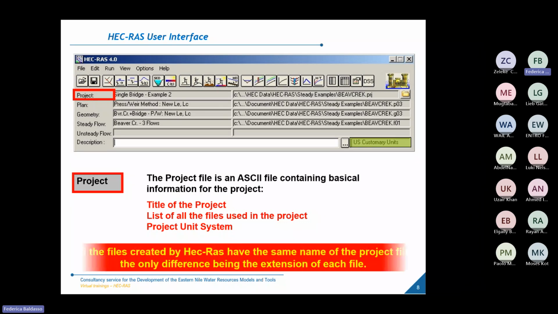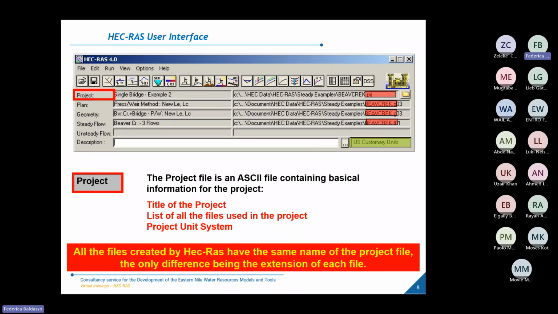As I said before, all the files created have the same name as the project file. The only difference is the three-character extension, which depends on the type of file. So in this case, for example, you can see that this project is called Beavcrack, and the extension of this kind of file is PRJ.